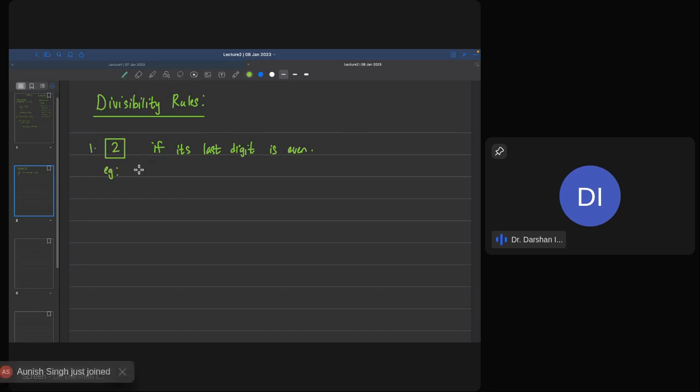Example, if you have a number like 2168, since the last digit is even, it is divisible by 2. If you have a number like 1213456, since the last digit is even, it is divisible by 2. So the last digit of the number, if it is an even number, it is divisible by 2.